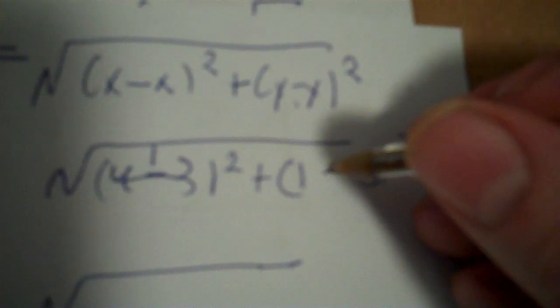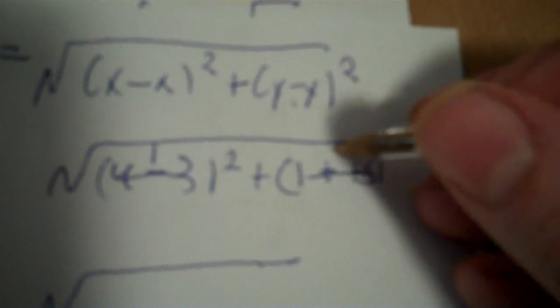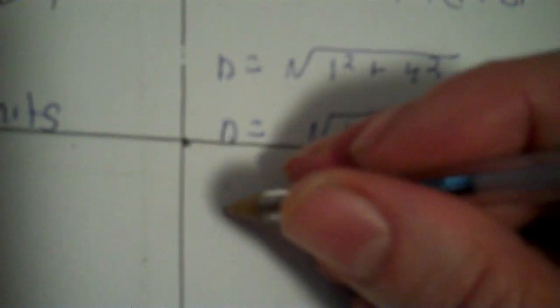Okay, so 4 minus 3 is 1. 1 minus negative 3 is 4 because it's the same as 1 plus 3. So it's 1 to the second plus 4 to the second. Then 1 to the second. It's not 2. 1 times 1 is 1. 4 to the second, 16. Then that's a square root of 17.